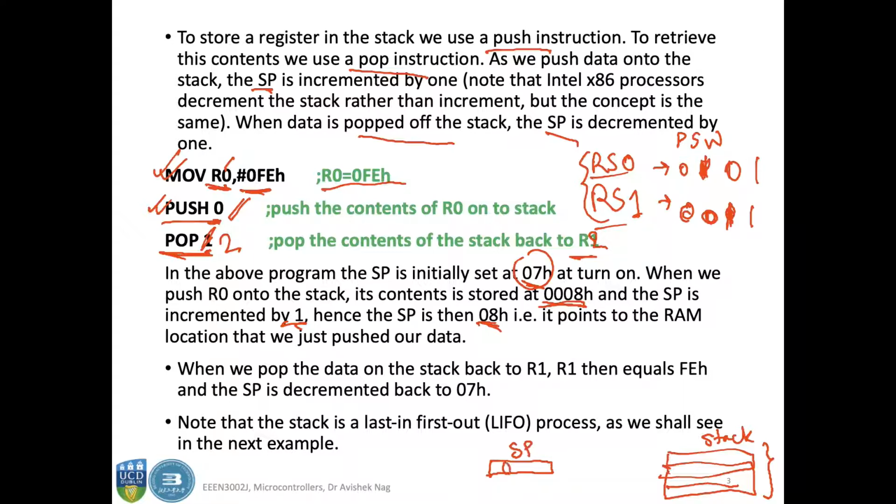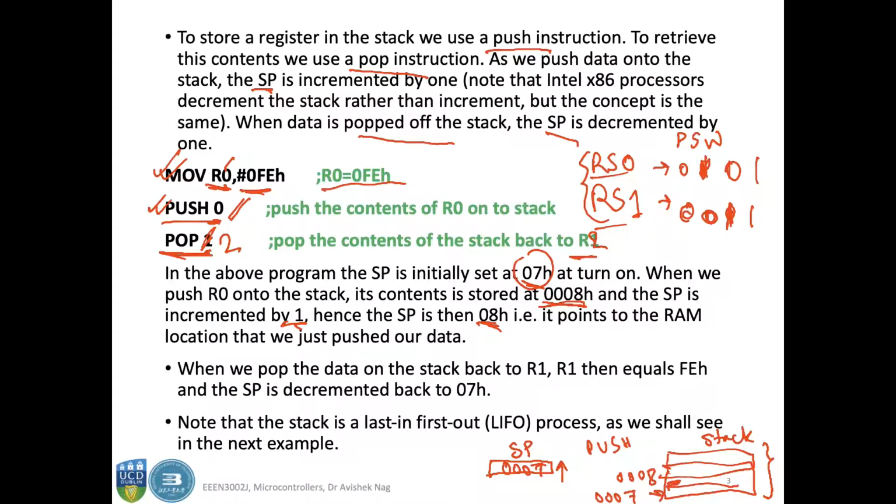Okay, again, if you push another thing, then it moves to the location above in the stack, 0009, let's say, and the stack pointer again gets incremented to 0009. Okay, and for the pop operation, when you are bringing stuff out of the stack, the reverse occurs.